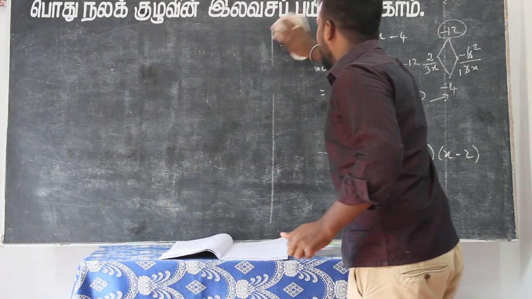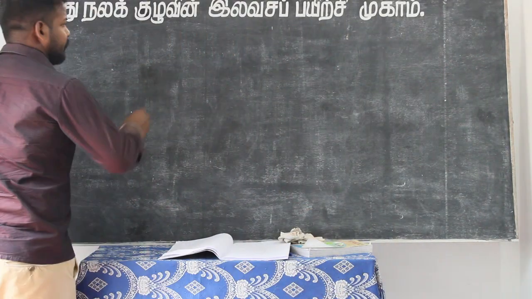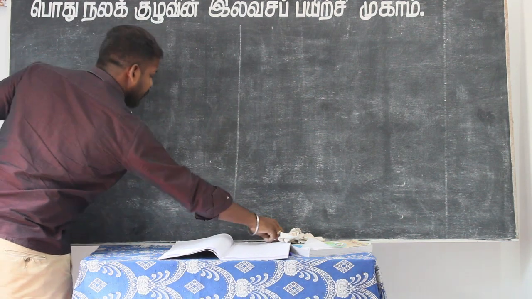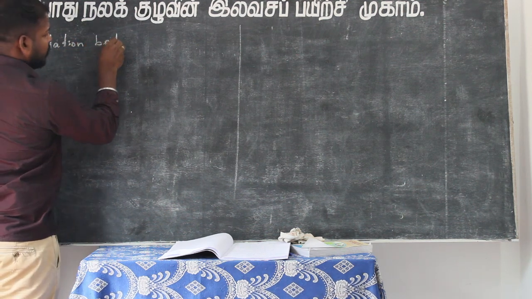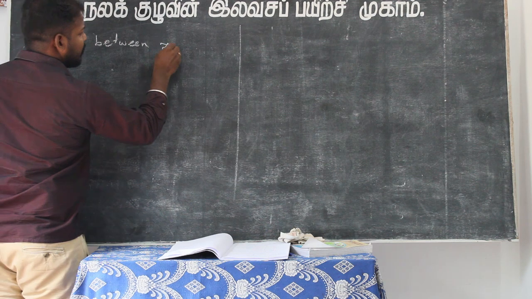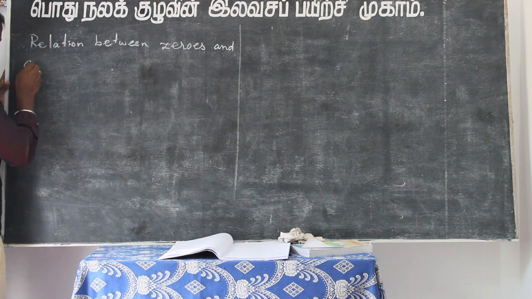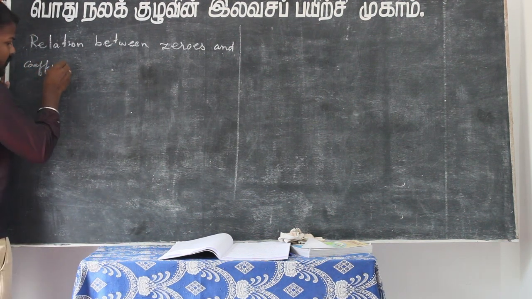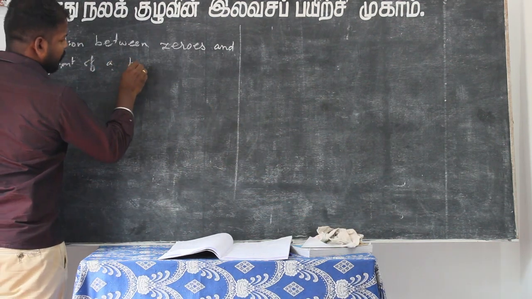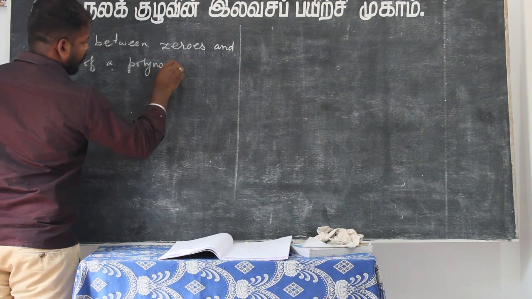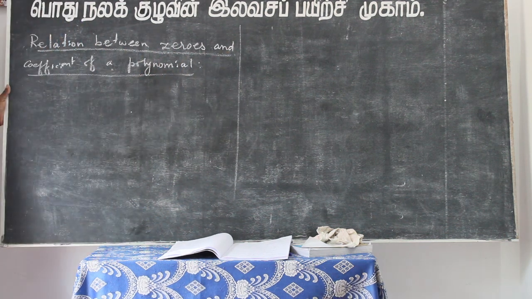Relation between zeros and coefficients of a polynomial.